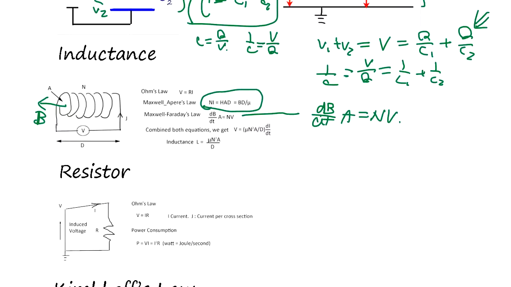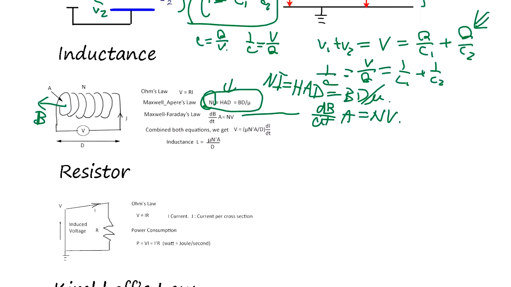Ampere's law tells you how much I, if you have N turns, N times I, is going to be the magnetic field times the distance d, and that's going to be B d over mu, okay?